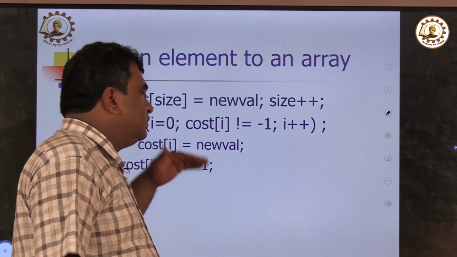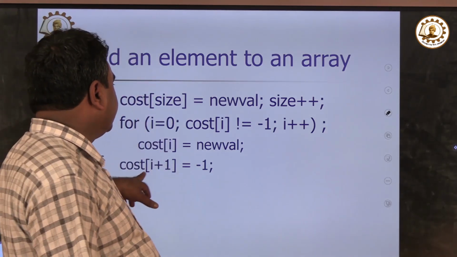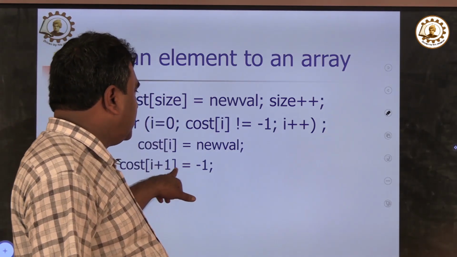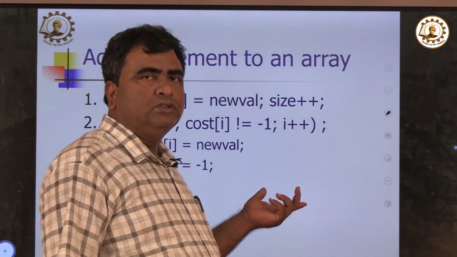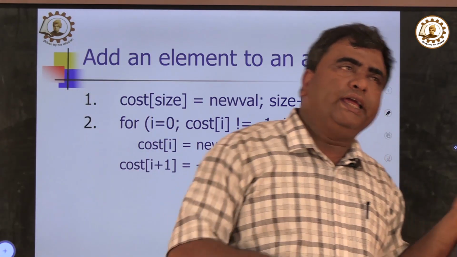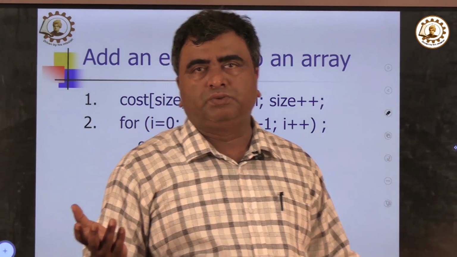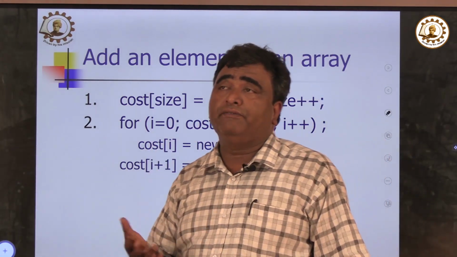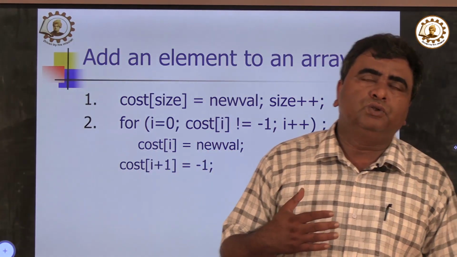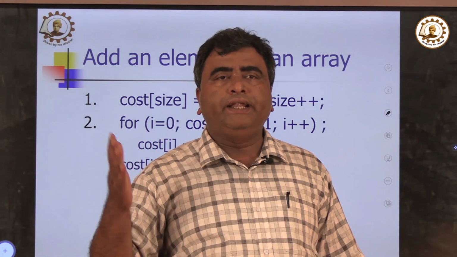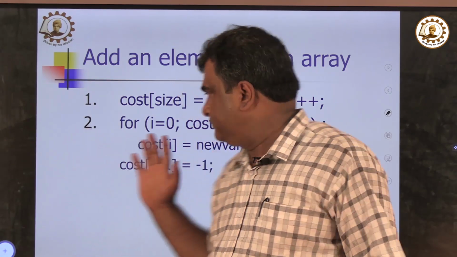Individually the values will be stored, and at the end cost[i+1] equals -1. So the final value will again be inserted as -1. By means of this value, we can also get the end point of an array.